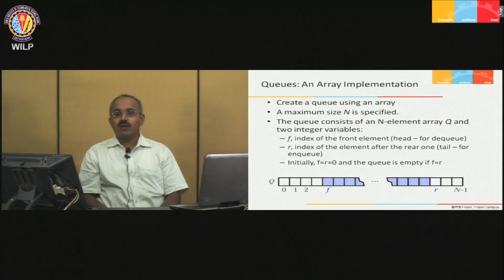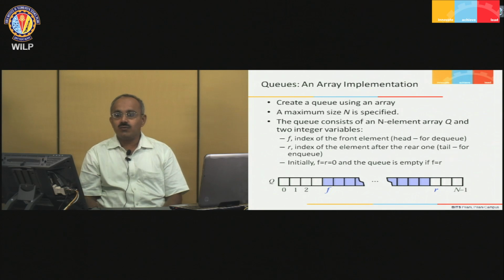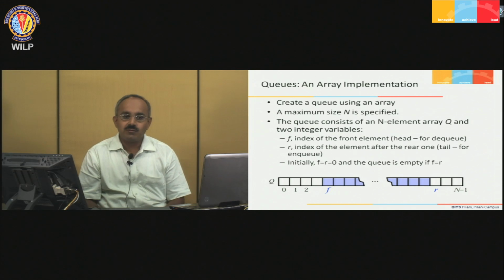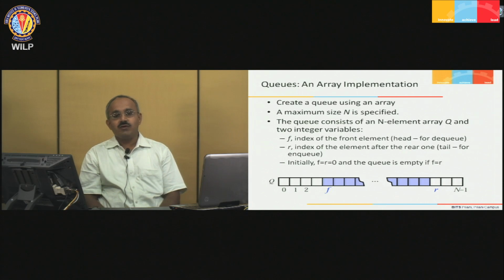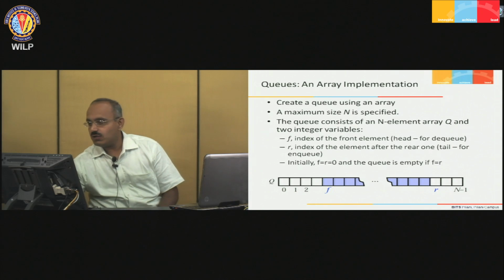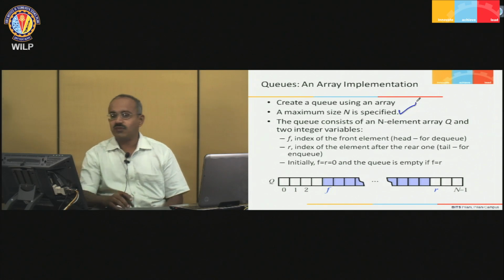Yeah. So let us look at the array implementation of a queue. Again, like the stack implementation with an array, we need to pre-specify the upper bound on the size of the queue, which is done here. So you have to specify the maximum size for the queue.